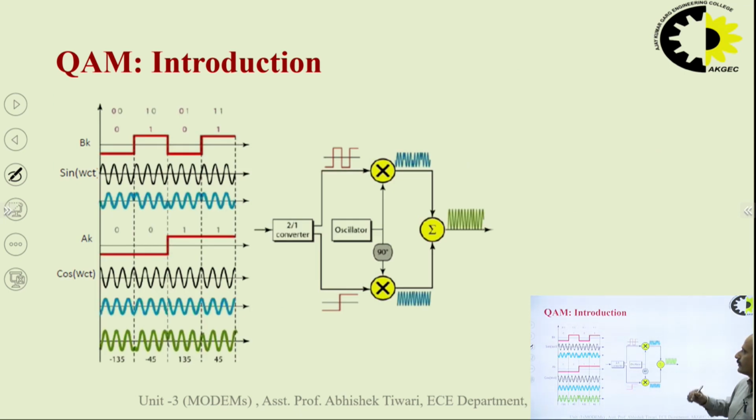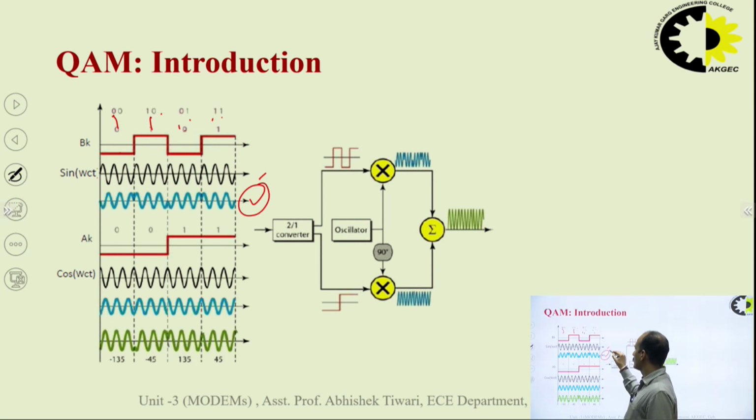Here you can see it is equivalent to QPSK, 2 to the power 2, 4 states of operation of QAM. This is the bit sequence 00, 10, 01, 11. You are taking the odd bits here, 00, 1, 0, 1, and that odd bit sequence is going to be modulated by a sine wave, and you get the odd bit sequence modulated signal.